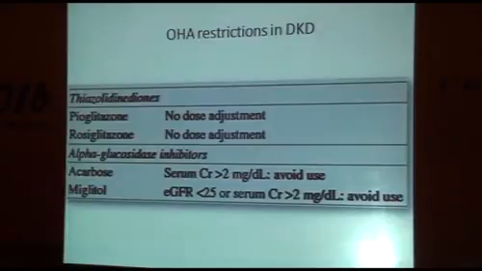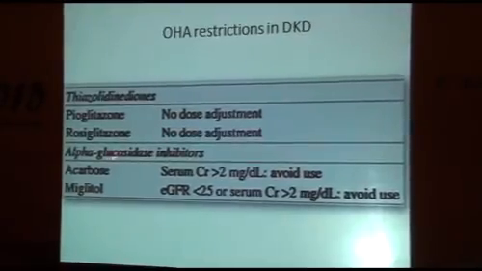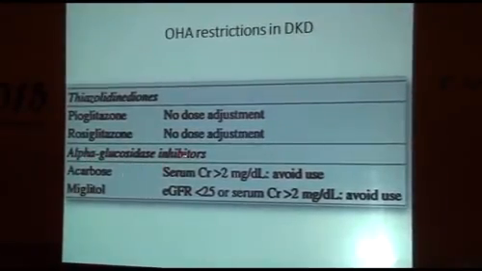Hence, although not leading to accumulation of metabolites, they are not preferred as an add-on. Alpha glucosidase inhibitors accumulate in renal dysfunction, and hence are avoided if the creatinine level goes above 2.